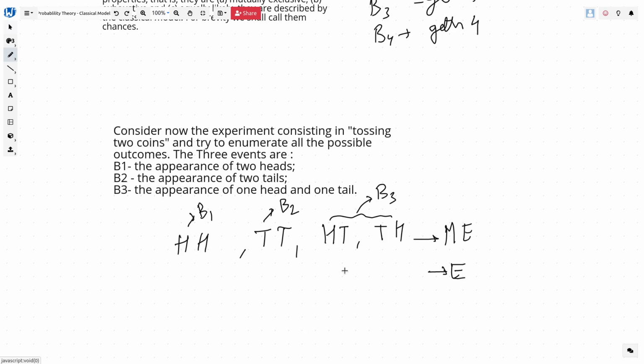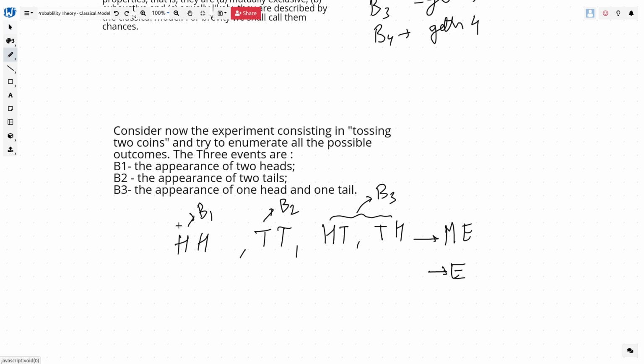Now if you look at the probabilities of getting these, head-head is 1 way, tail-tail is 1 way, and head-tail is 2 ways. So clearly this is not possible, because B3 can happen in 2 ways out of the 4, B2 can happen in 1 way out of the 4, and B1 can happen in 1 way out of the 4.